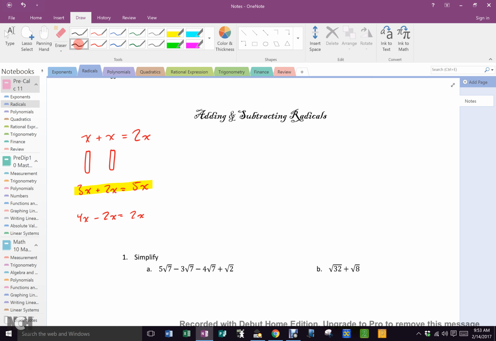Okay, so that means, what is this? Y. Because it's x's and y's. This is not like terms. So we can't add it together, yes? Everyone agrees? Because this is a coefficient.